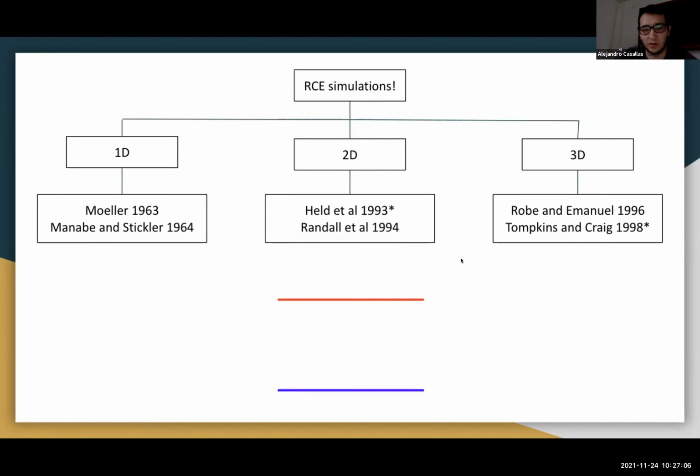But how does it work? Imagine you have a box with two layers. One is the ocean, and the other one is the top of the atmosphere. The ocean has a fixed SST, so you put, I don't know, 28 degrees, 29, 30, whatever you want. And the solar radiation is constant, so it's the same everywhere.